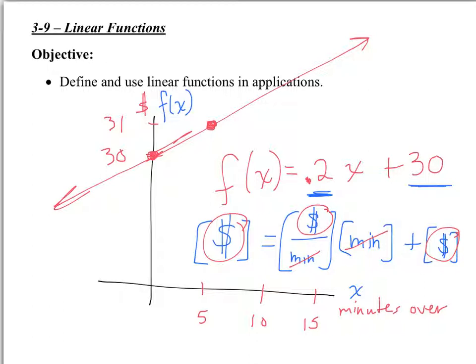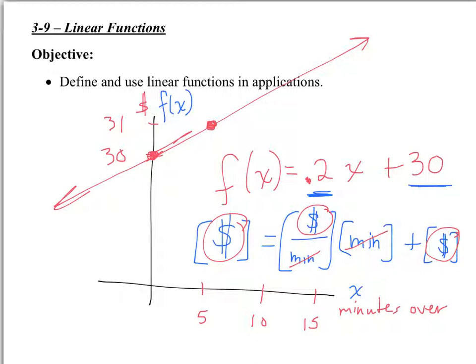This is telling you $0.2 per minute times the amount of minutes plus $30 gives you the total in dollars. So whenever you're doing these kinds of word problems, the units on the left-hand side, the dependent variable f of x, these units of dollars in this scenario, have got to be the same thing that you get at the end.